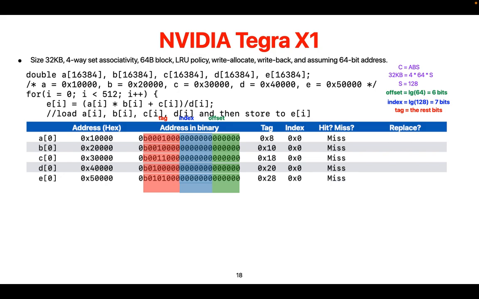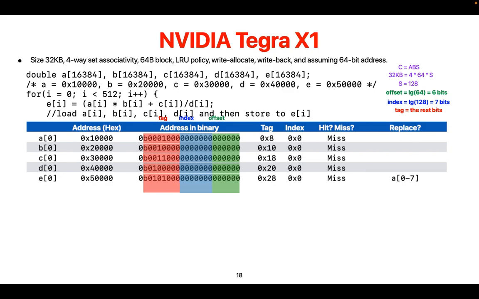At this point, we have to kick out A0 to 7 because the last time we fetched A0, we brought the whole 64 bytes in, right? So when some of you say that the capacity is enough, that's not accurate.